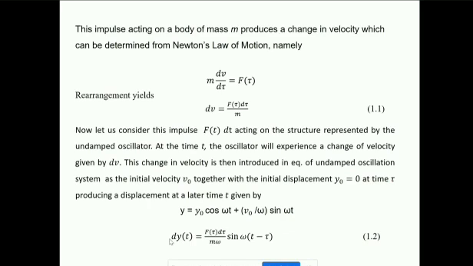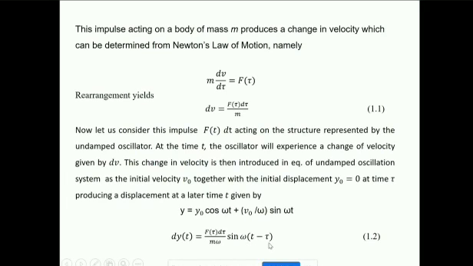So only this v0 over omega sin omega t will be valid. This v0 will be substituted by dv, because the interval is very small. Therefore it will be f(tau) d tau over m omega, and here it will be sin omega (t minus tau).